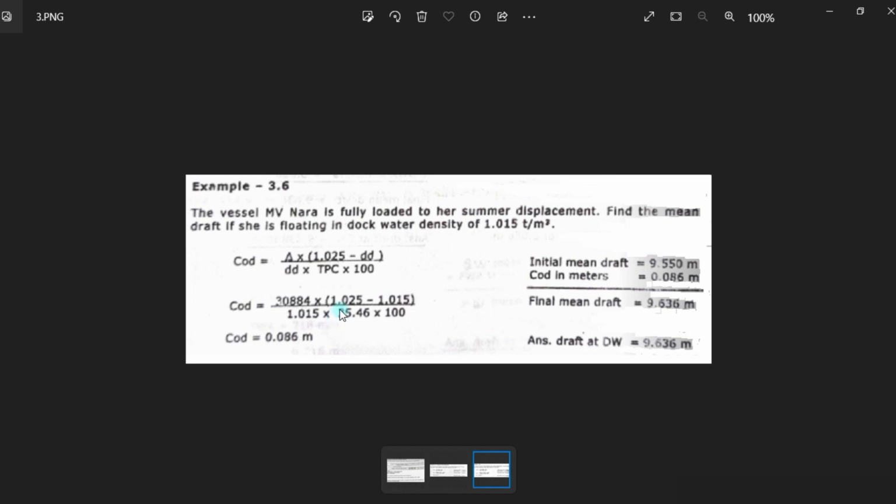Times salt water density, his present density is 1.015, over new density 1.015, times TPC.